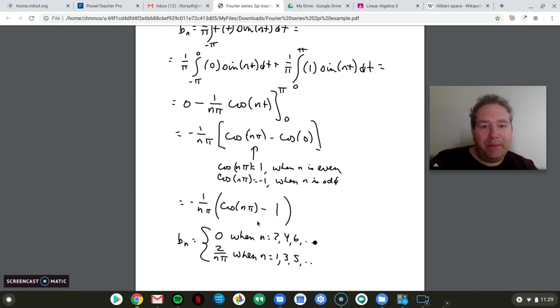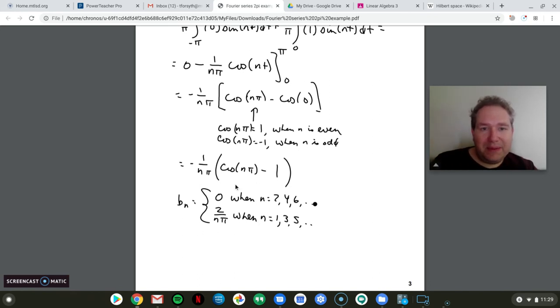So if you describe that simply by putting in ones versus -1s, when it's even, it's going to be 1 minus 1, which is 0. And when it's odd, you're going to have the -2 value in there, -1 minus 1 is -2, and then fixing that out here, -1 over n pi gives you this value here. And so these are the coefficients depending upon that.